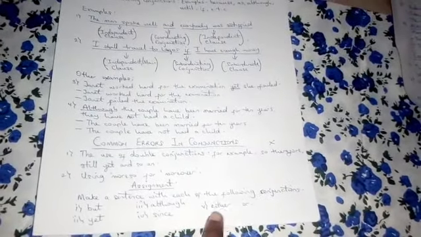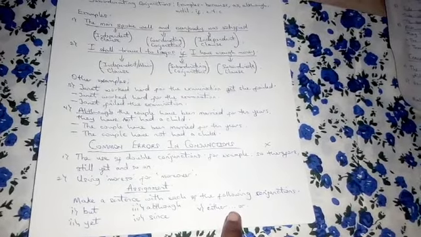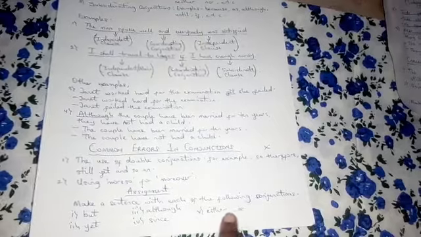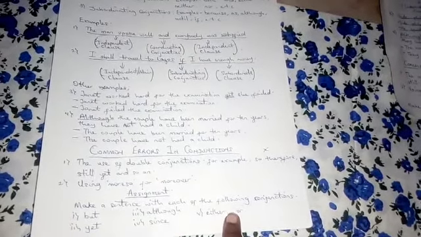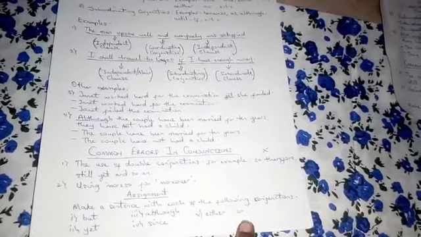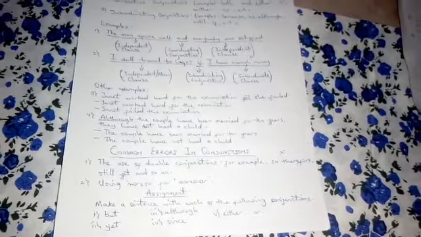Either or is a single conjunction. But in between, like I explained earlier, in between these conjunctions, there is a subject or a noun. So while making use of it, make sure you use it correctly.